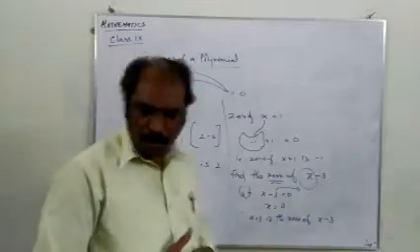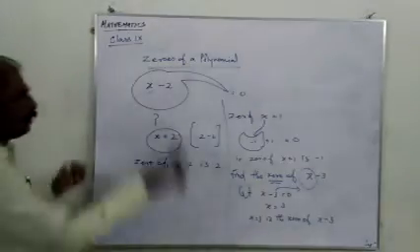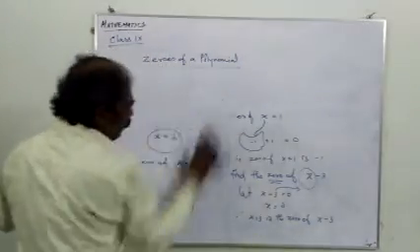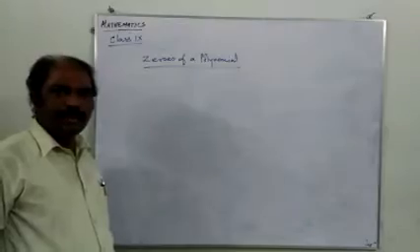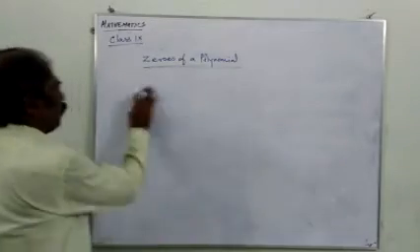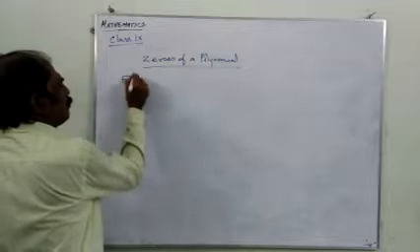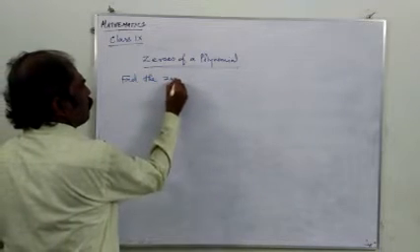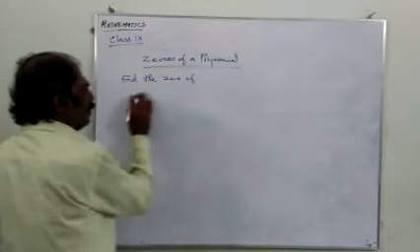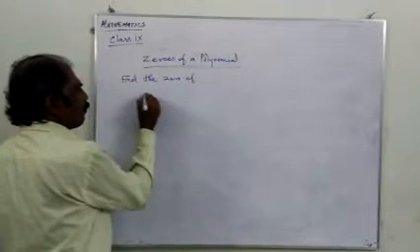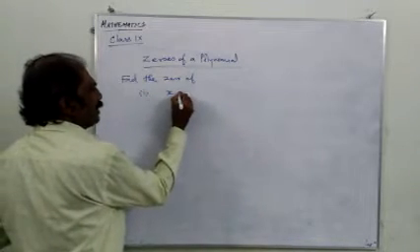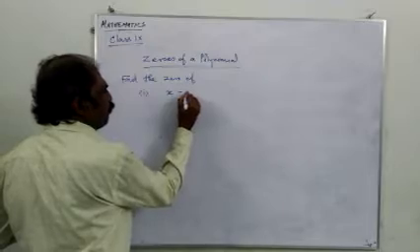Okay, here, suppose now we see: find the zero of the polynomial x minus 4.